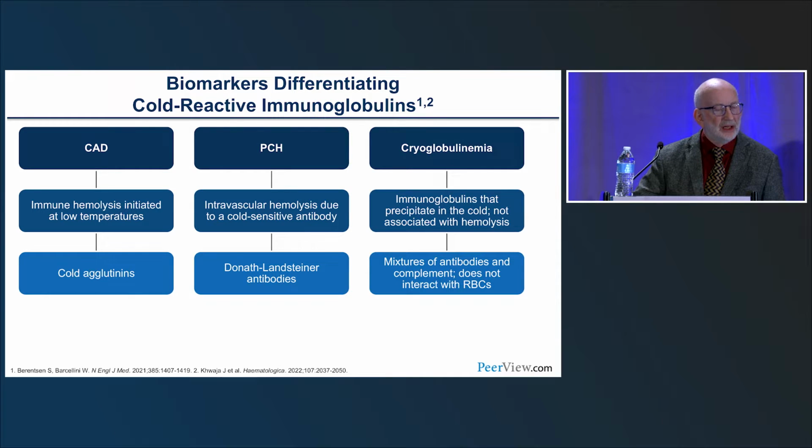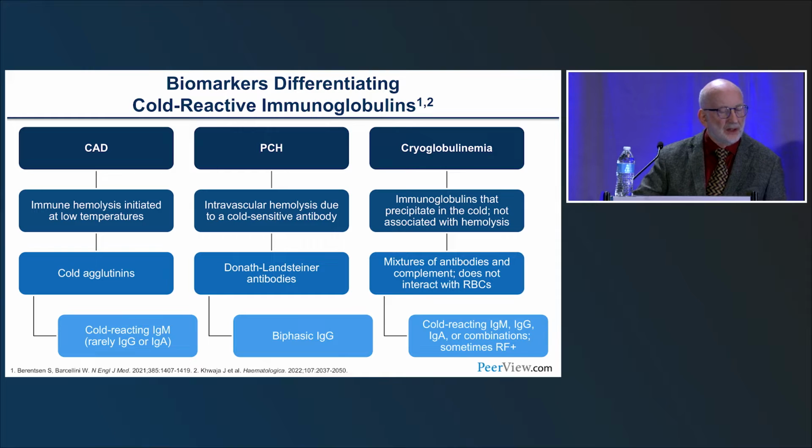The active antibodies in cold agglutinin disease are called cold agglutinins, as everyone knows. In PCH, we have the Donath-Landsteiner antibodies, and in cold agglutinin disease, the cold agglutinins are almost invariably of the IgM class.